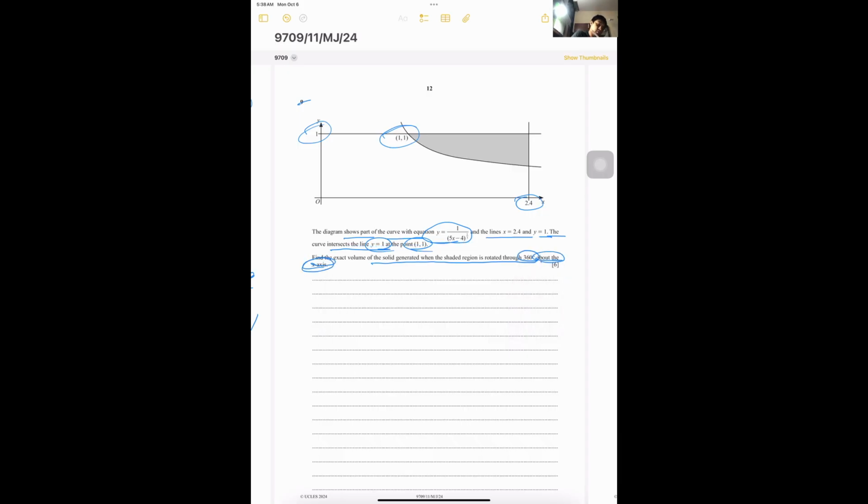So it's 2.4 here and 1 here at this point and this, right? So first we have to find the volume of the cylinder, with this being the radius. So volume of cylinder is equal to pi r squared h, which is pi into 1 squared into the height, which is 2.4 minus 1 at that point.